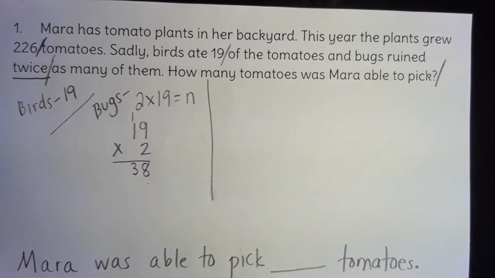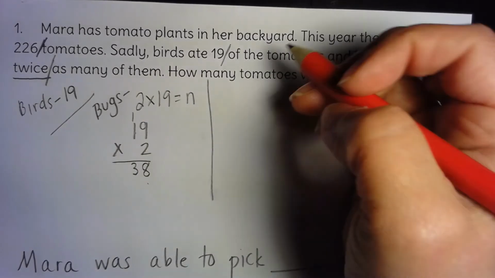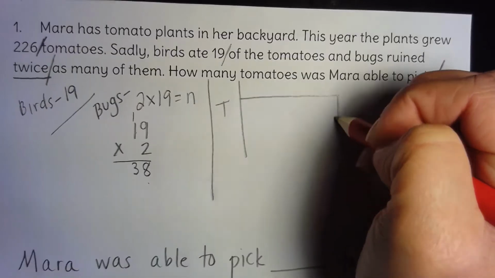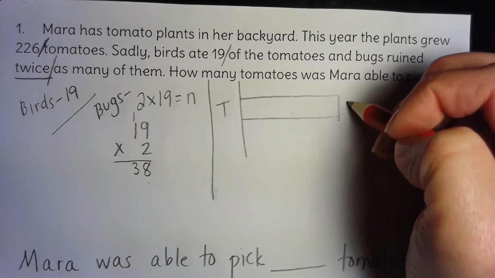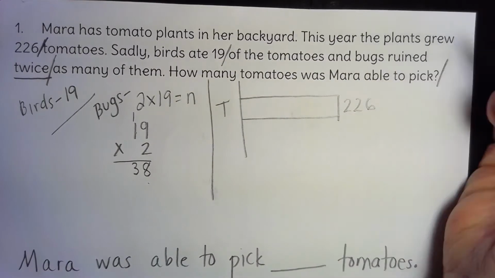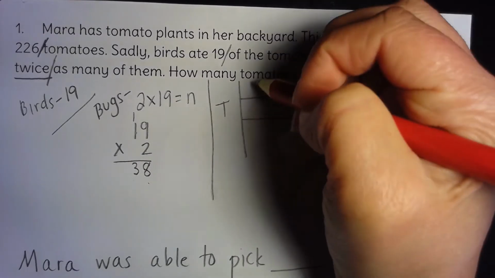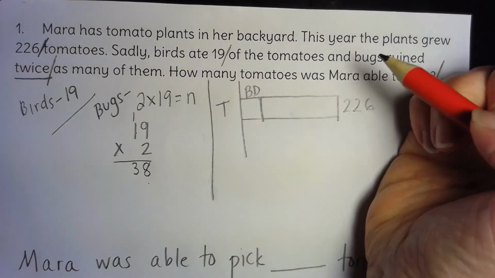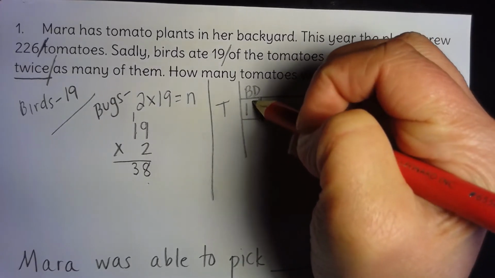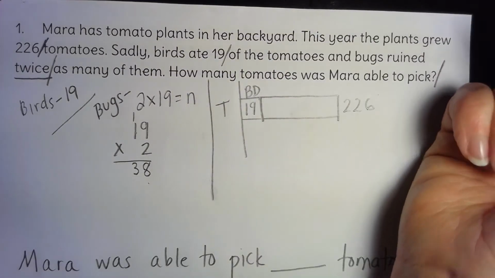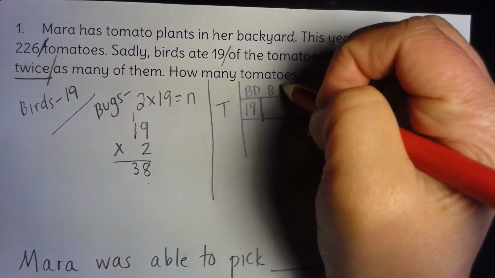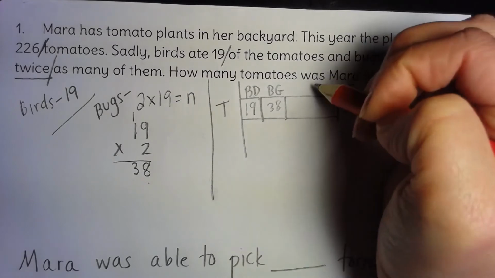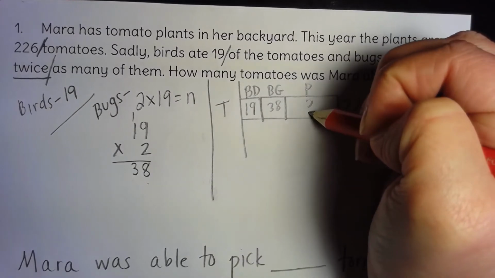So now this is where a bar model would come in handy. If we make a bar showing the total number of tomatoes, and we know that the total number is 226, we know that birds ruined or ate 19, bugs ruined, I'll make that BG, 38, and then Mara was able to pick the rest.